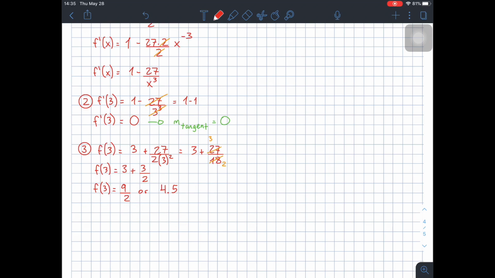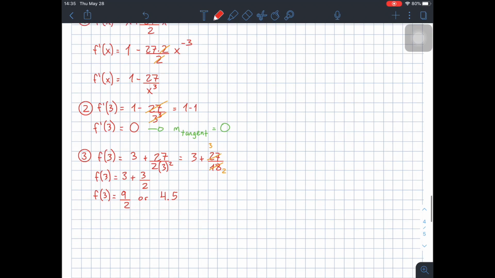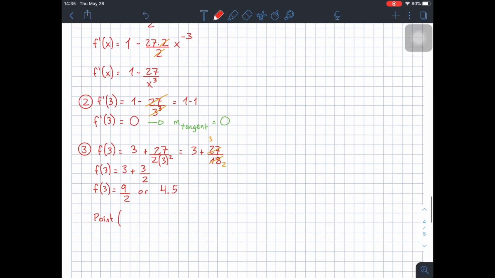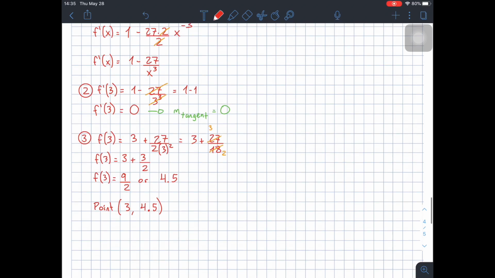This is actually not a final result. So we already have the given point. The point has coordinates, x is 3, and the y coordinate is 4.5. I'm going to leave it as the decimal. So we already have the slope of the tangent, and we already have the given point.